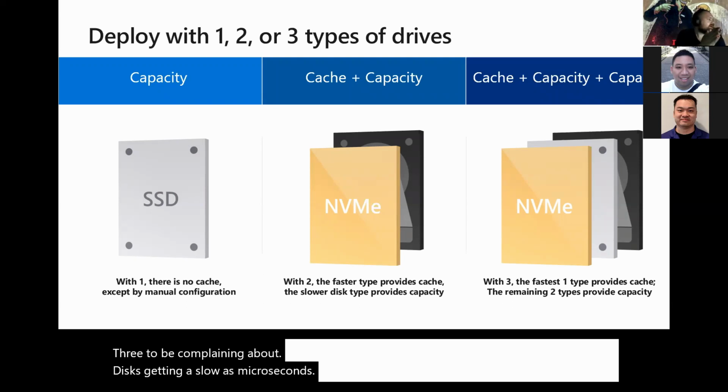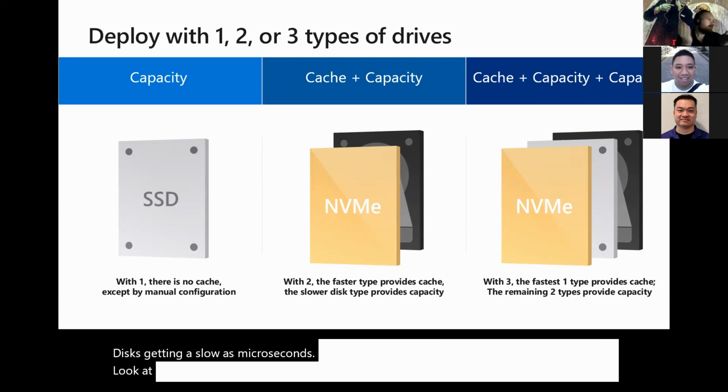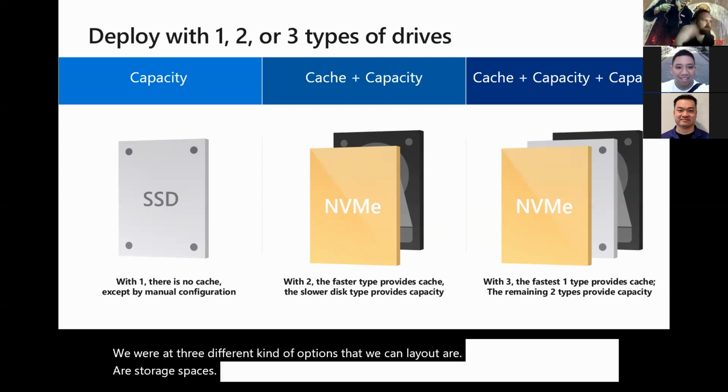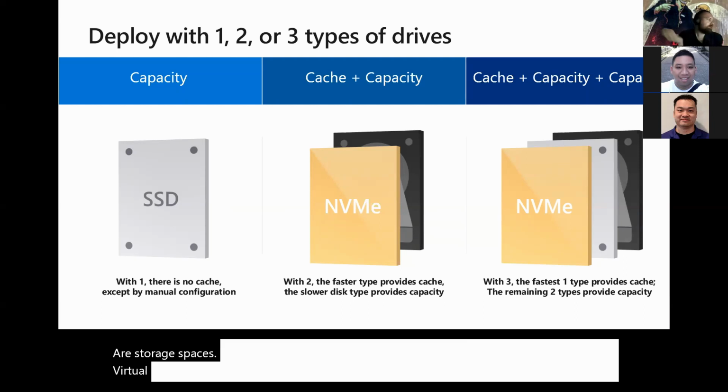Okay, so we have three different options that we can lay out our storage spaces direct virtual SAN. So one is just capacity. There's no cache.